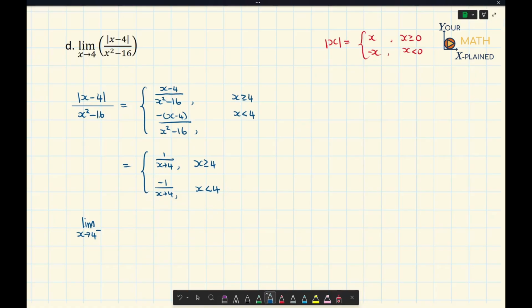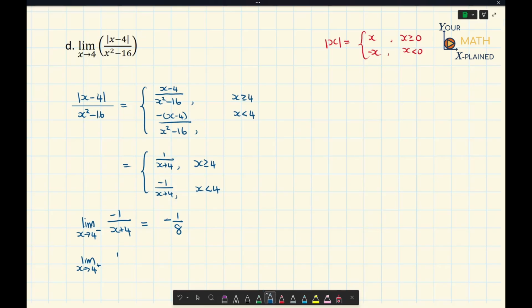So this is the limit as x approaches 4 from the left-hand side of negative 1 over x plus 4, and this is equal to negative 1 over 8. Now if we approach from the right-hand side, that is 4 from the positive side, we're going to be using this piece over here.